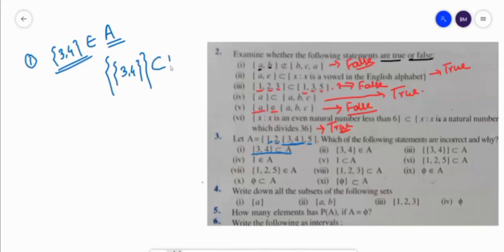Then you can write this is a subset of A. This is correct. But the first one is false.